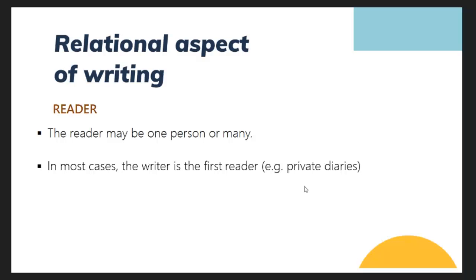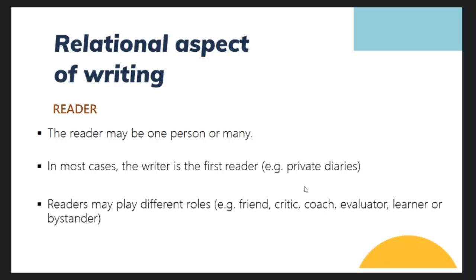In the case of private diaries, the writer will be the first and the only intended reader. Although it is the writer who has the most profound role in constructing a written text, the reader also has a way of affecting it.